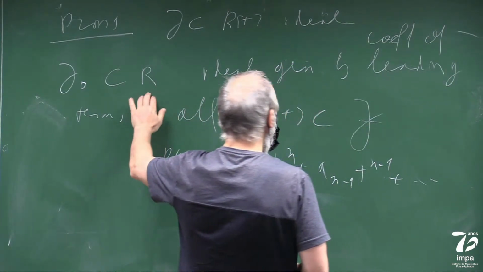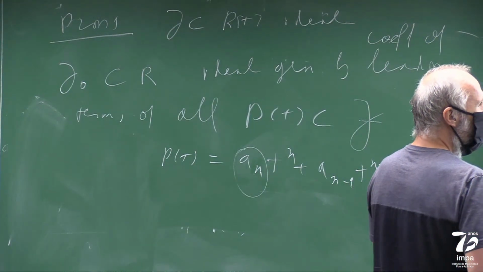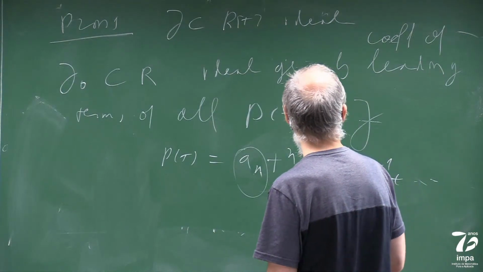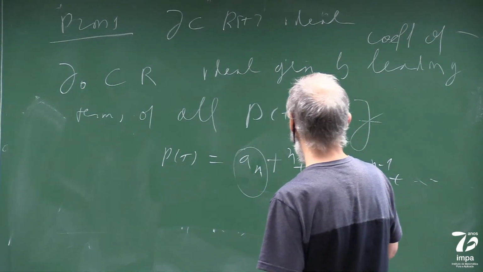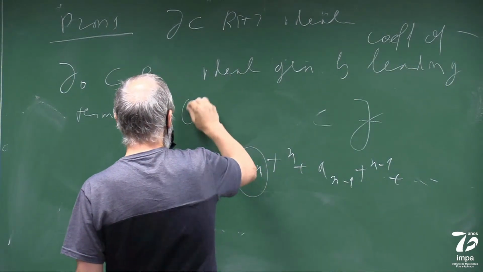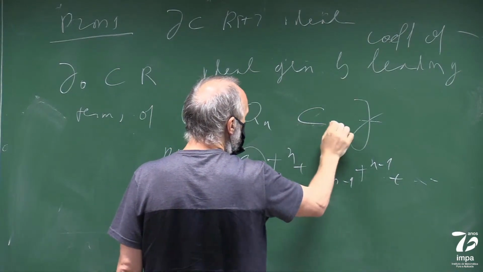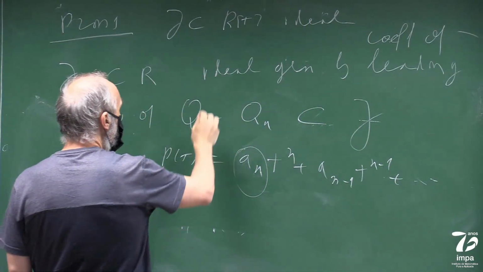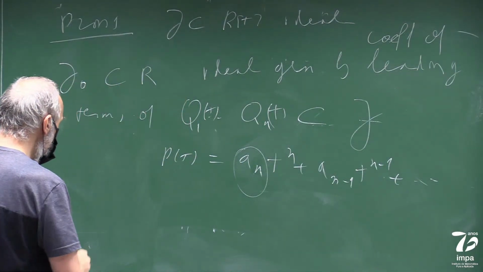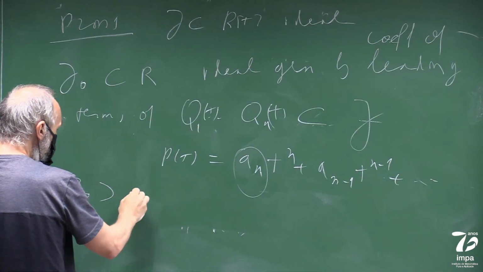It's an ideal in R. Okay, by leading terms of, let's say not all P, but of a subset Q1, ..., Qn of J, finitely many polynomials, but I suppose that J0 contains all leading terms.